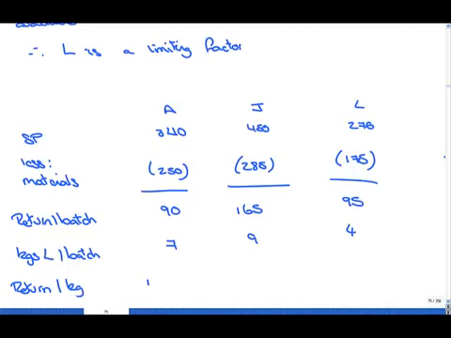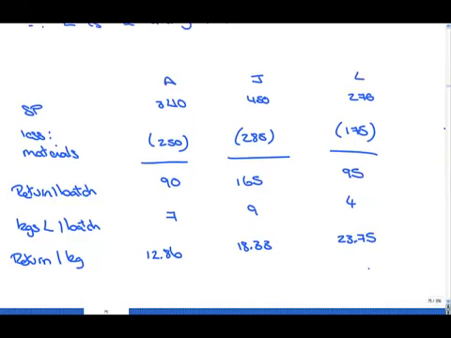So return that we get per kilo, so I therefore made Luke first, then James, and lastly Adam.